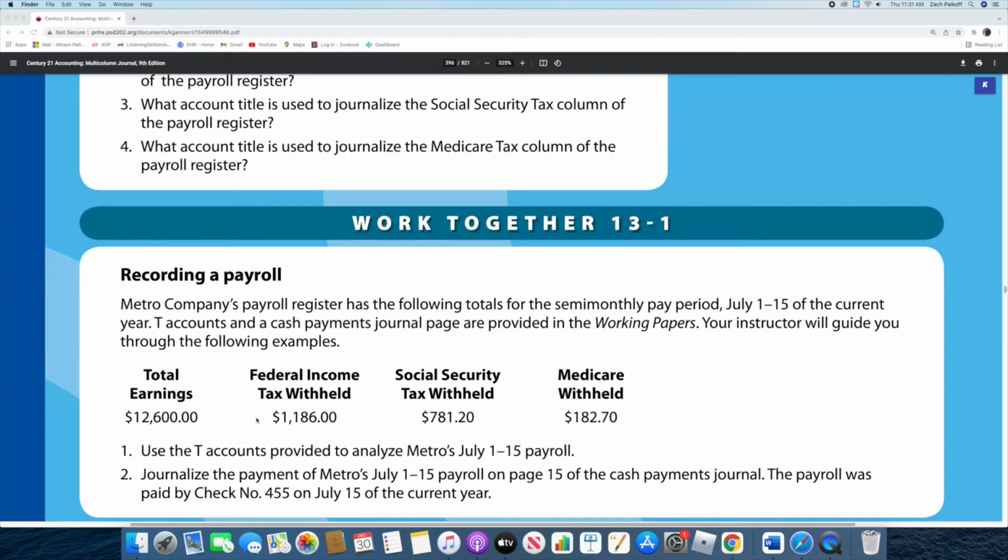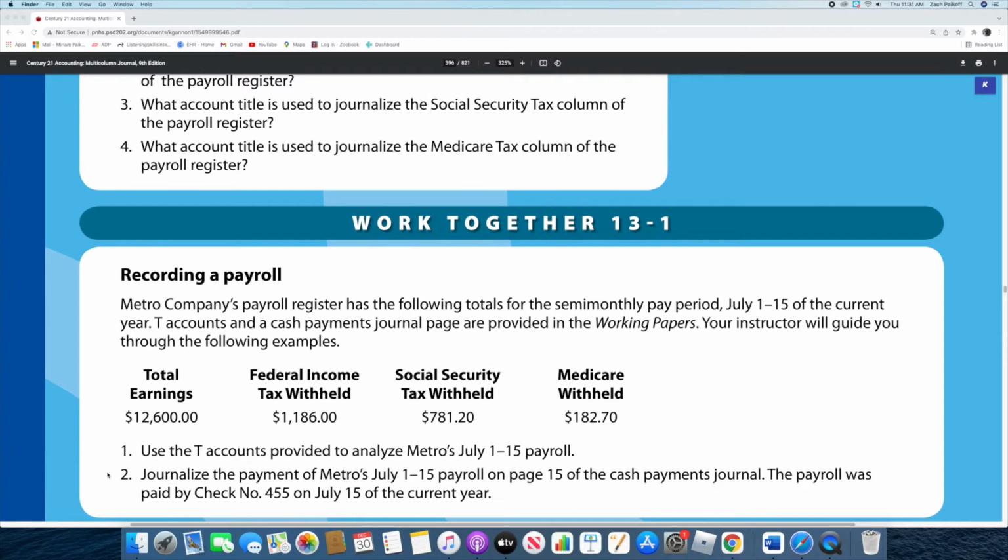The federal income tax withheld is $1,186. The Social Security tax withheld is $781.20. And the Medicare tax withheld is $182.70.